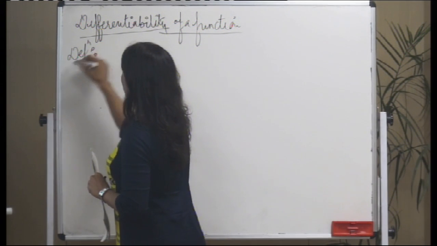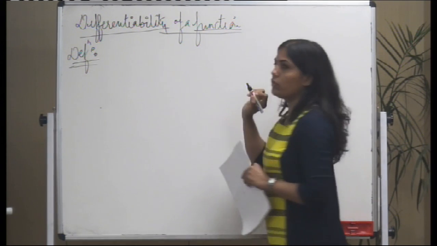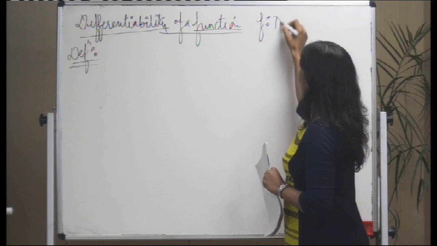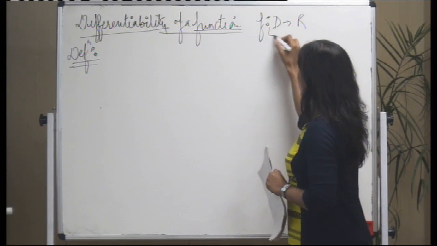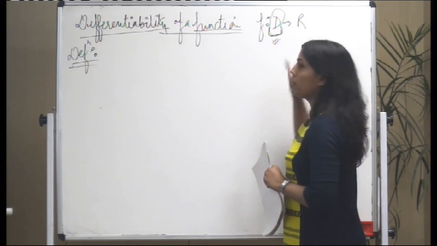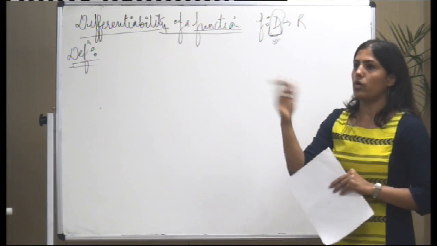The definition of a function, all of you know. A function has basically a domain and then a range. So we always discuss differentiability of a function on its domain, not on other points.